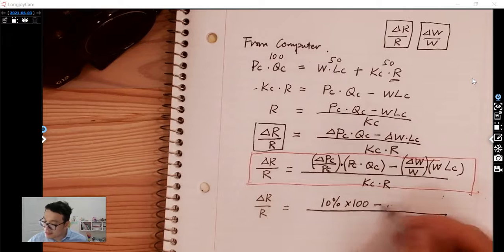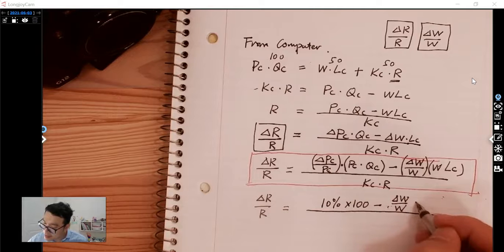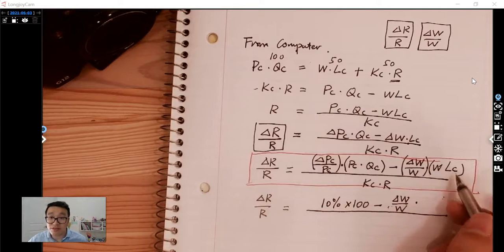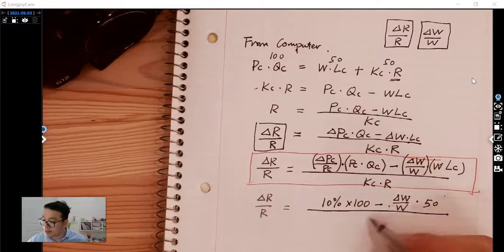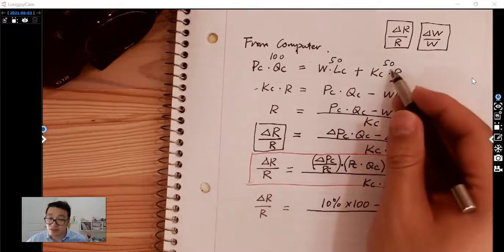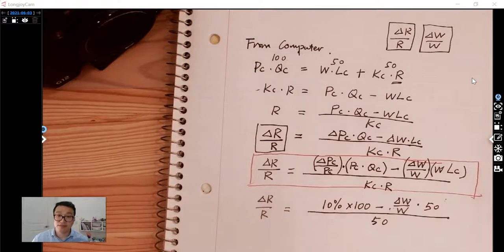And the minus delta W over W is something that we're looking for, times W times LC, which is payment to labor in computer, given as 50, divided by KC times R, which is also given in the question, equals 50.